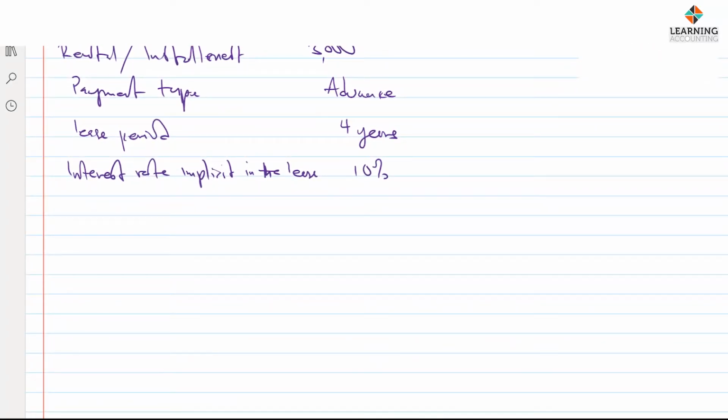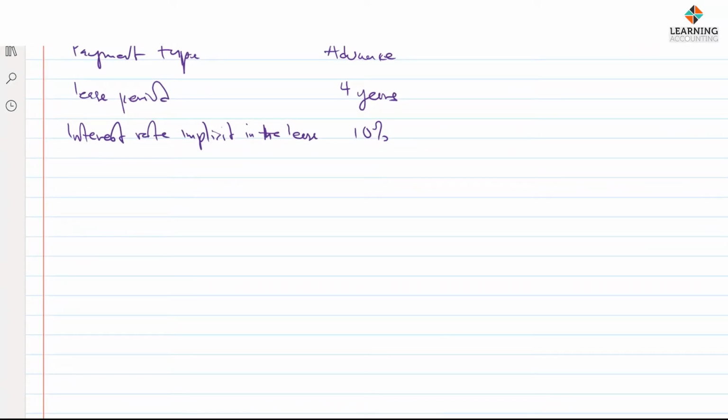And like I said, the first thing we'll be doing is to calculate the present value of the future lease payment. The first thing we have is the years: 1, 2, 3, and 4 in this case, since the lease period is for 4 years.